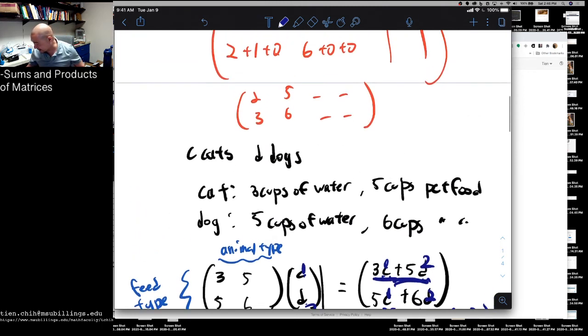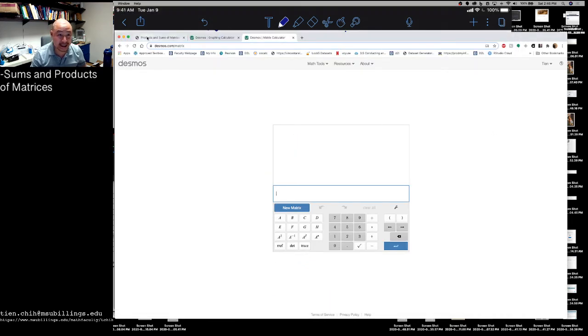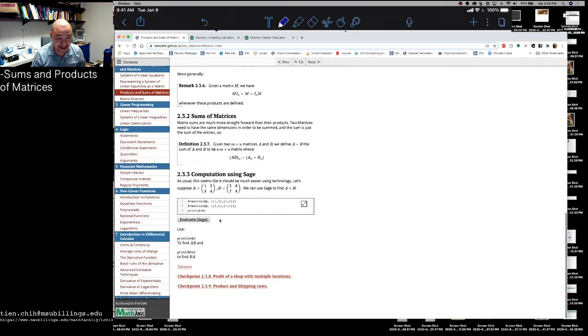And so let's go ahead and take a look at our example here, where we had to take the product of these two matrices, and you can see once again in the text that we have a cell corresponding to matrix arithmetic.